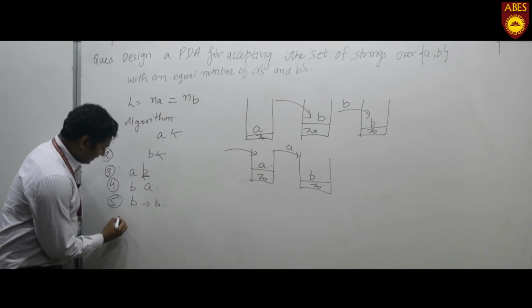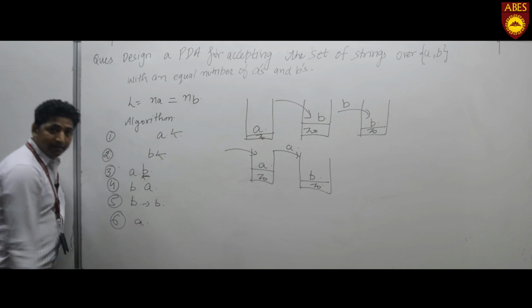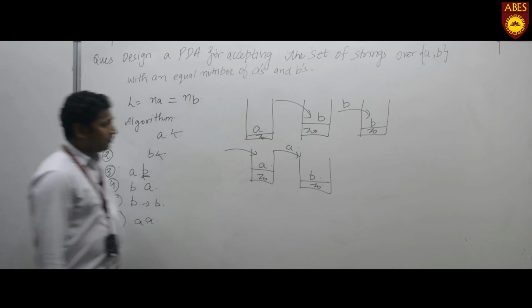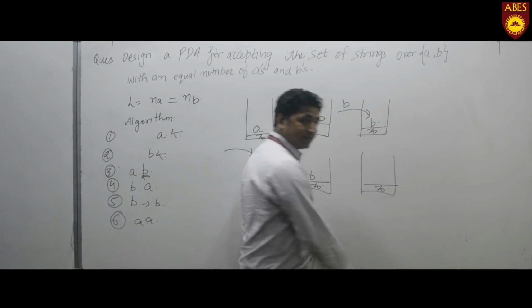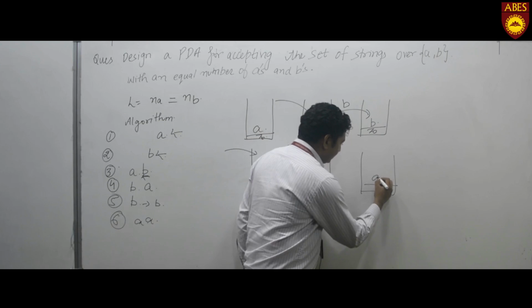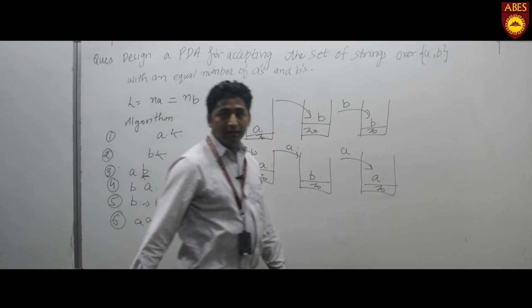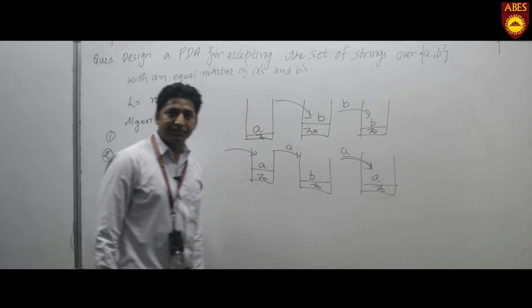The sixth condition will be that A is in the stack and another A is following this A. So we have this type of stack that Z0 is initially in the stack, A is there and A is following this A. So we have 6 conditions.